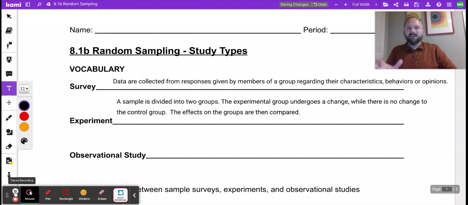Experiment. So for example, a sample is divided into two groups. The experimental group undergoes a change while there is no change to the control group. The effects of the group are then compared. So you'll see this a lot in science. They'll give one group a life-saving drug to see will this work, and they'll give this other group a placebo, something that shouldn't help out.